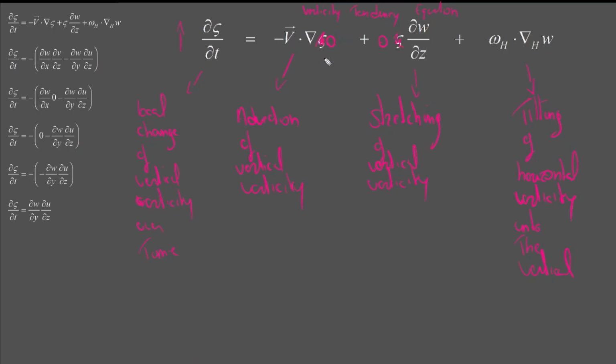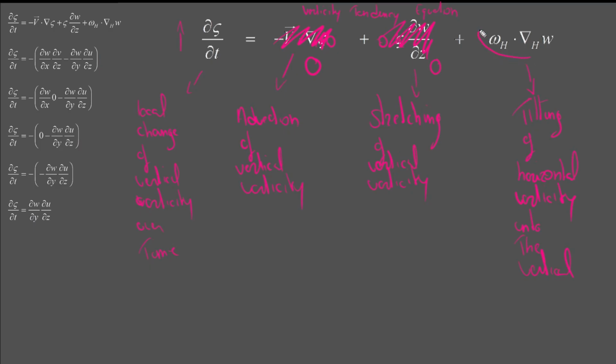Here, zeta is 0 too, right? So essentially, this means that this whole term is 0. No vorticity here, which means this whole term is also 0. If you don't have vorticity in the stretching term here, I mean, there's nothing to stretch. If there's 0 vorticity here in the advection, yeah, you don't have anything to advect.